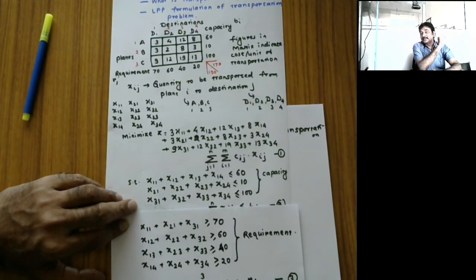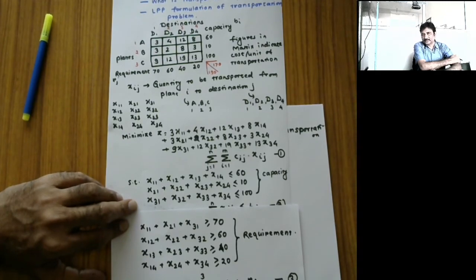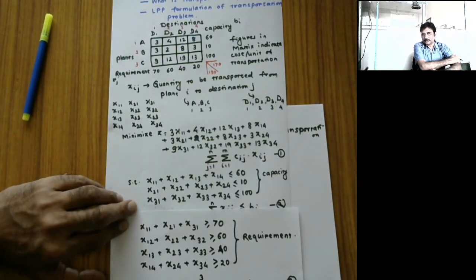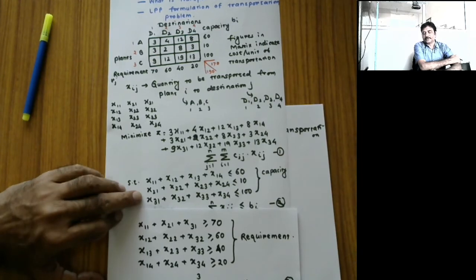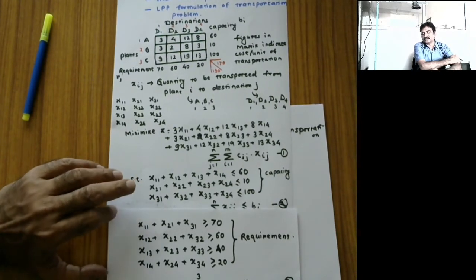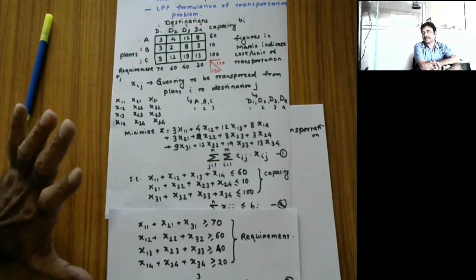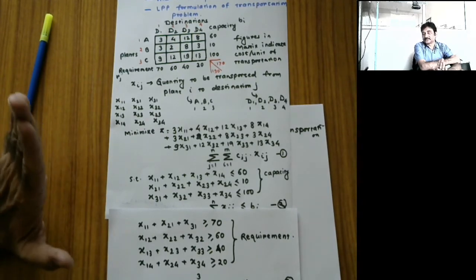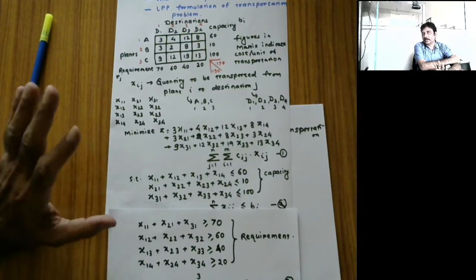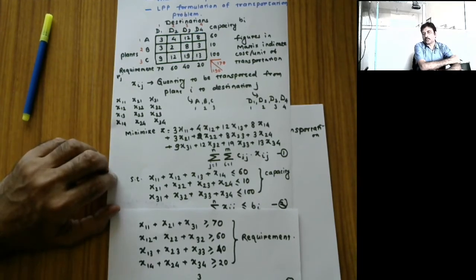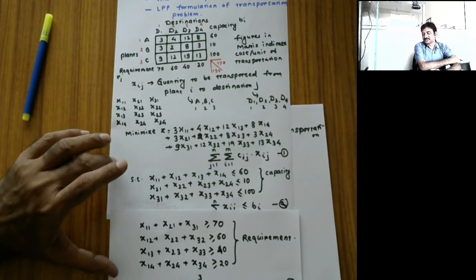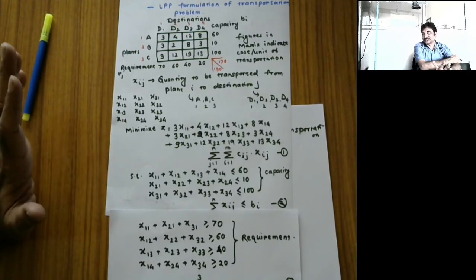Unlike the formulations which you have seen in LPP, solved by the simplex method, where coefficients could be anything, here every constraint has variables with coefficient either 1 or 0. So that makes this problem specially structured.